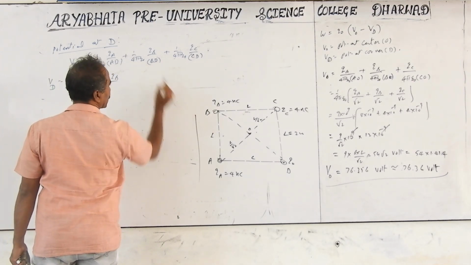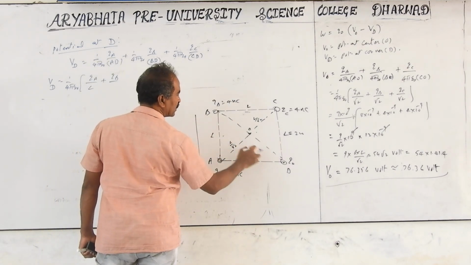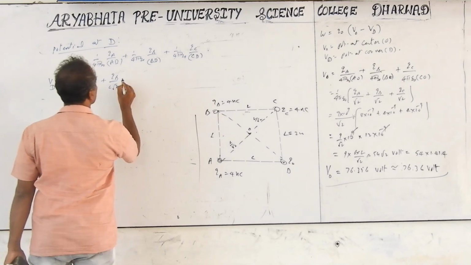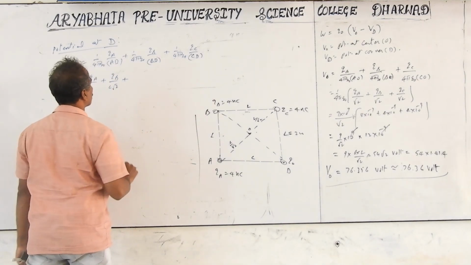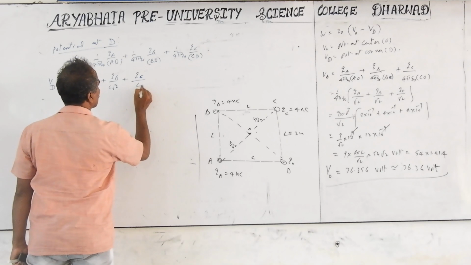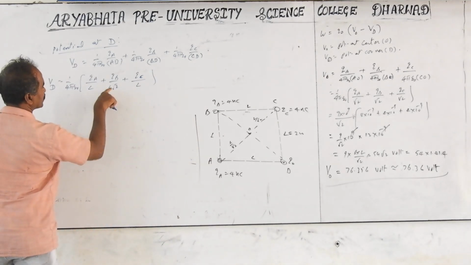This BD you have to take care of: the diagonal length. Previously we took half diagonal, now we have to take the full diagonal, so L root 2. This problem is very important. Plus QC by CD, and CD distance is again L. Then you can take out common; root 2 comes extra only for B, the diagonal part.